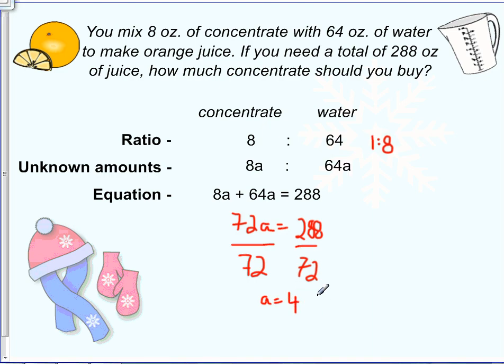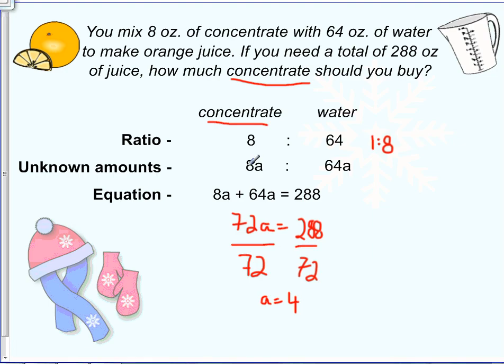All right, so that's just telling me what my a is. That's not actually answering my problem. If you go back to the original problem, which is something you should always do to make sure you're solving the correct thing: if you need a total of 288 ounces of juice, how much concentrate should I buy? So I want to know how much concentrate.